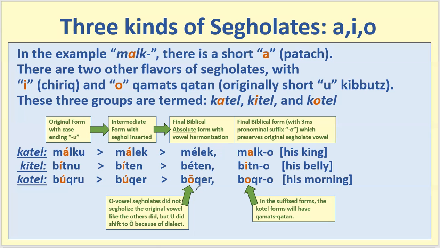It preserves this o vowel, usually with a cholam, but then whenever the pronominal suffix is added, like bokro, his morning, this o becomes the original short vowel, albeit o rather than u, and that's going to be with a kamatz katan. We know this, other similar examples would be like kodsho, his holiness.